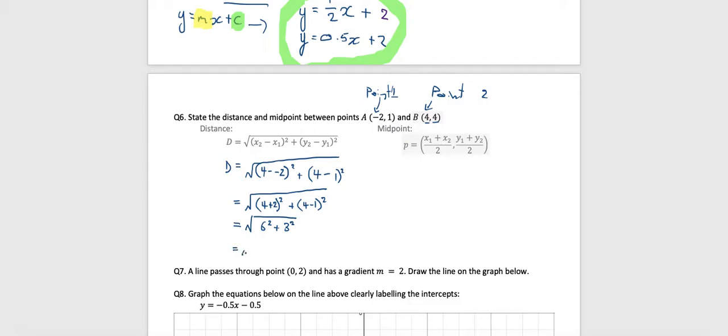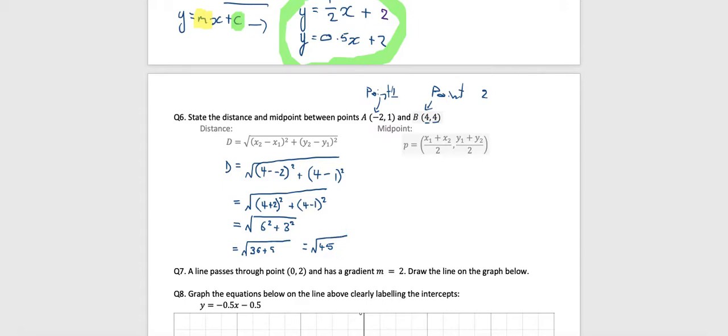Solving, we have 6 squared. So don't be fooled in thinking it's 12 because it's 6 times 6, not 6 times 2. So 6 squared is 36 plus 9. And that's going to evaluate out to 45.